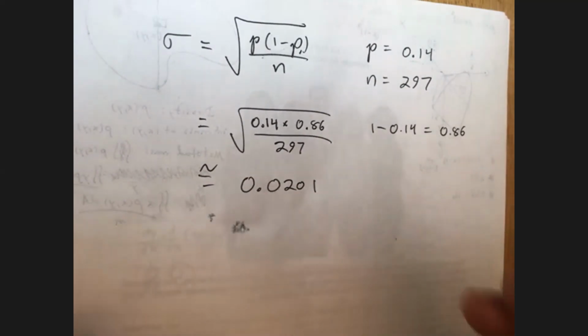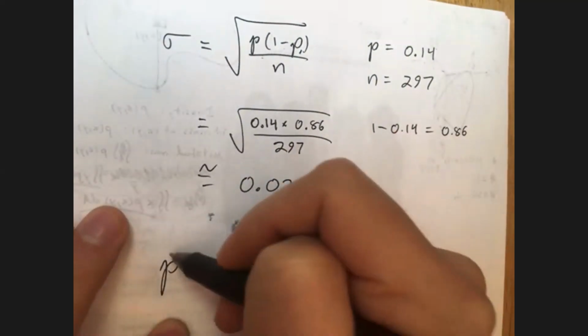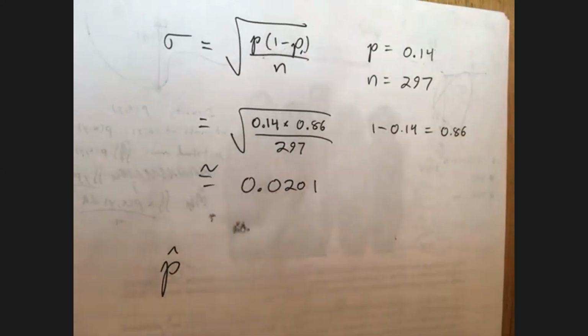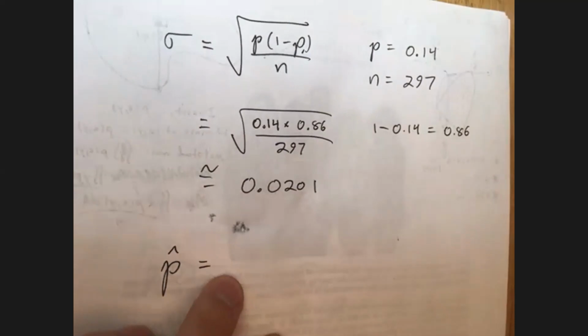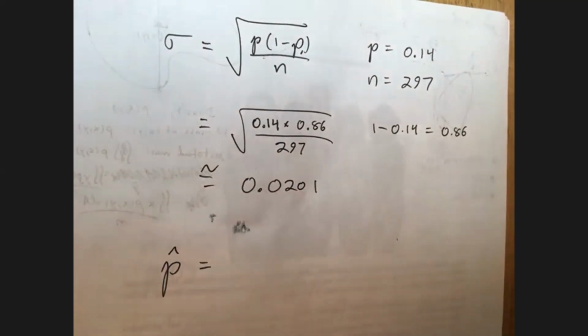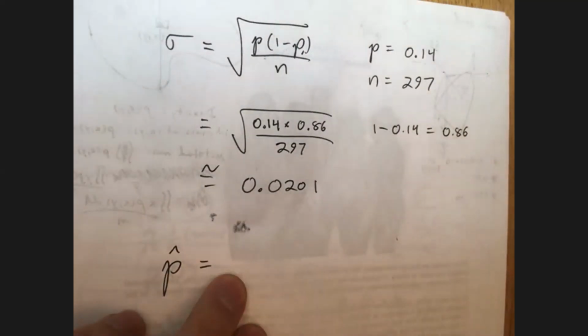So that is p hat. You go out and measure a certain proportion and see what you get. These are like the proportions we used when we built up that distribution in that first example I gave.